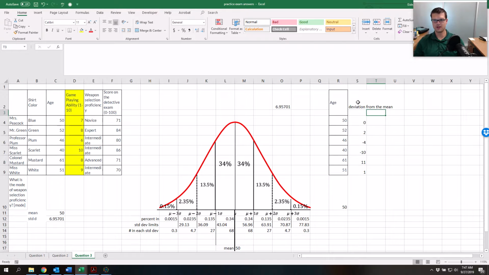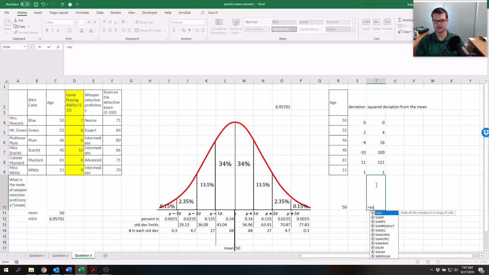Then this is the squared deviation from the mean, because what we're going to do now is use the symbol to square it, drag it down, and notice once again that's that upwards chevron looking thing. Then we're going to sum it all together, so equals sum, and this right here is the sum of squares.